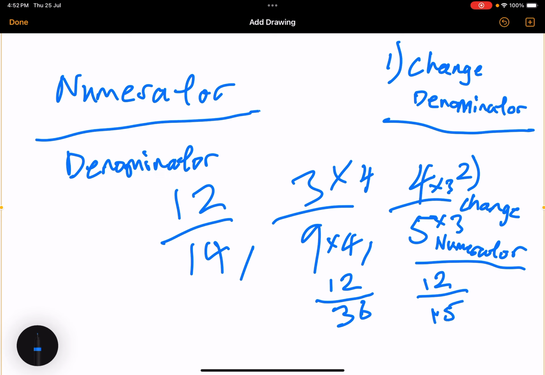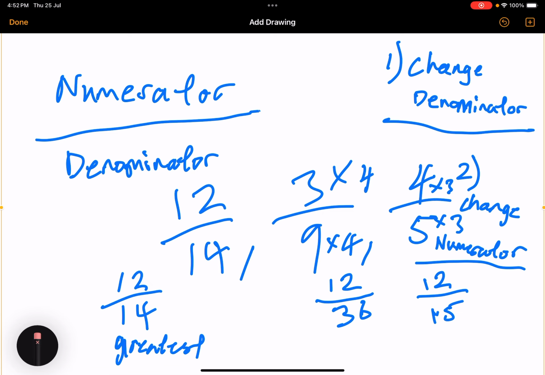Let's say they ask for the greatest. So the greatest would be 12 over 14. And remember, we have to change them to the original number.